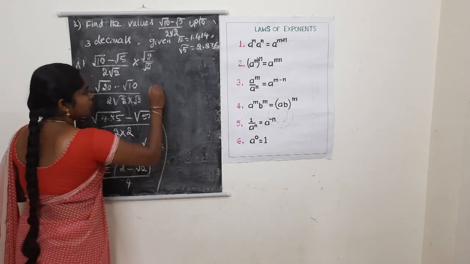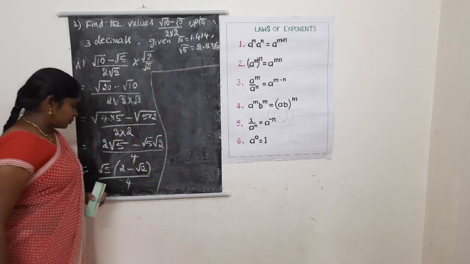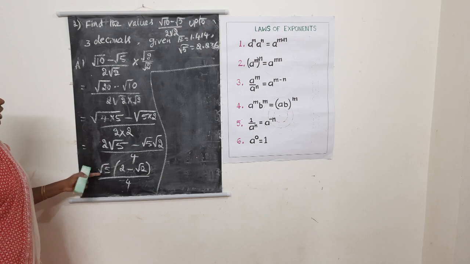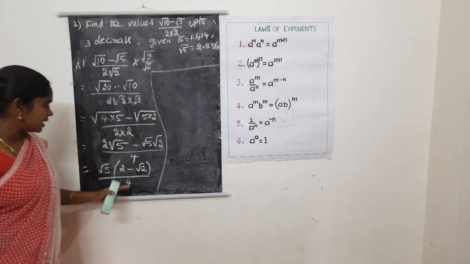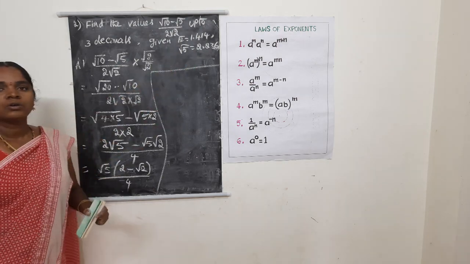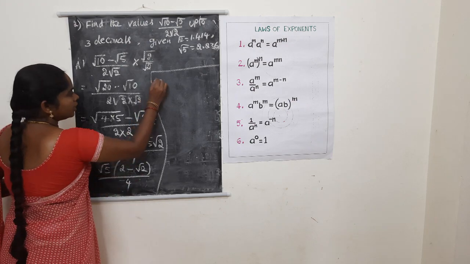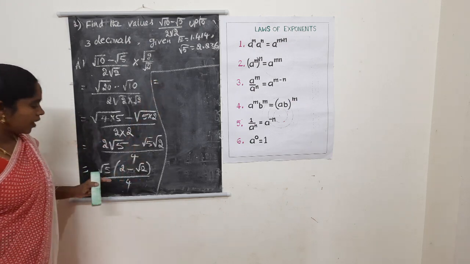Now substitute these values. Root 5 is 2.236 and root 2 value is 1.414. Substitute the values of root 5 and root 2.